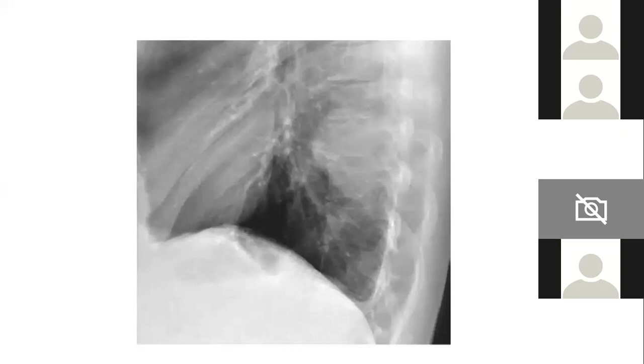If there is a silhouette sign with the heart, it only means that the lesion is of the same density as, and in the same plane as, the heart. That's all it says. So I don't think personally that it is going to change anything to follow the older or the newer ones. It's okay, just stick to whatever you want to follow. That's all.